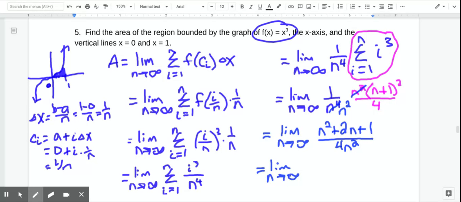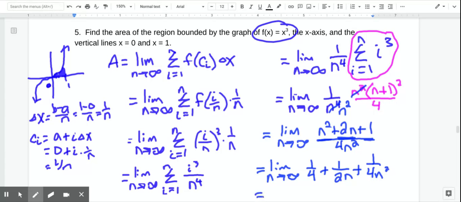And now I'm going to divide each of those pieces by 4n squared. So n squared divided by 4n squared is going to be 1/4. 2n divided by 4n squared is going to be 1 over 2n. And then 1 divided by 4n squared is 1 over 4n squared.